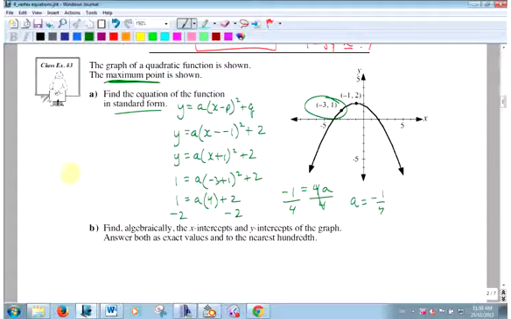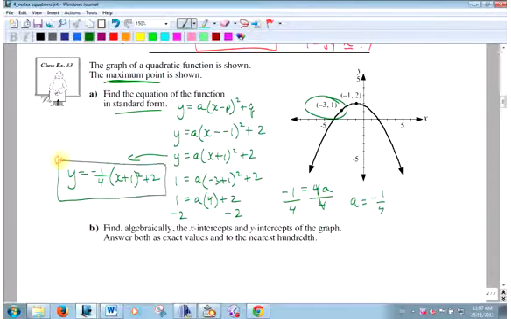Therefore, my equation is this guy, just with a substituted, x plus 1 squared plus 2. Is this guy going to be fatter or skinnier than the original graph? By a factor of 1/4. Oh, and it's reflected, of course, right? Yeah.